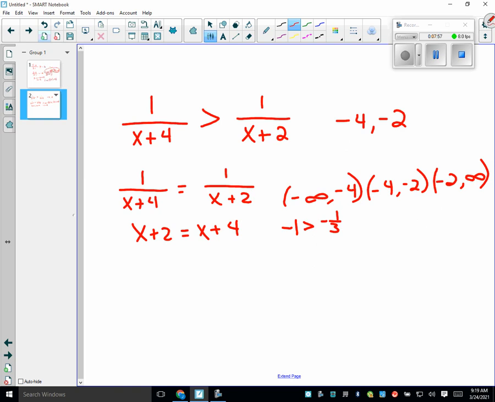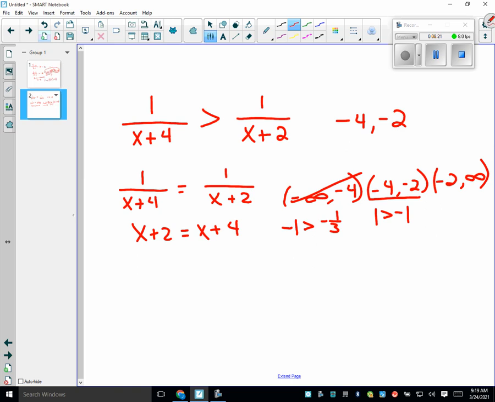Nope. This one I'm going to use -3, aren't I? Yeah. Which is going to give me 1 is greater than -1. So this works.